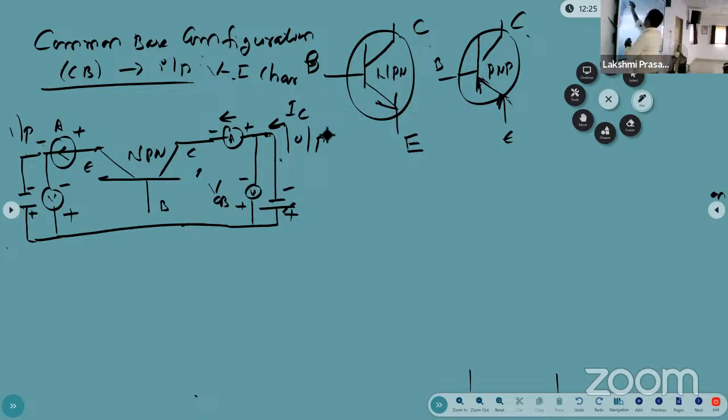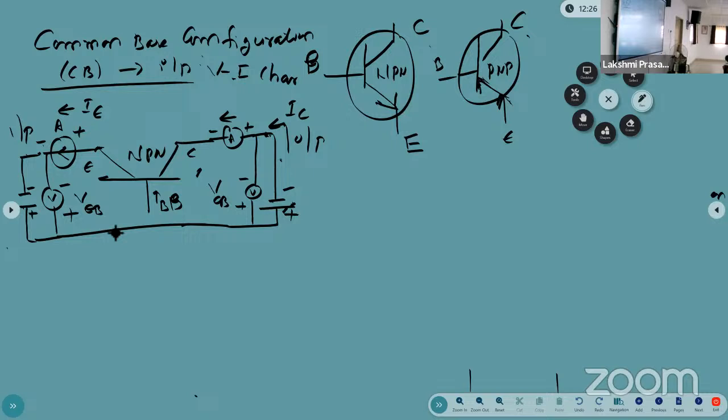Now here, this current is called IE, and this current is called IC. Okay. Now here, what is the voltage here? V. So now the input characteristics are between which parameters? We are drawing the VI characteristics of the NPN transistor under common base configuration.